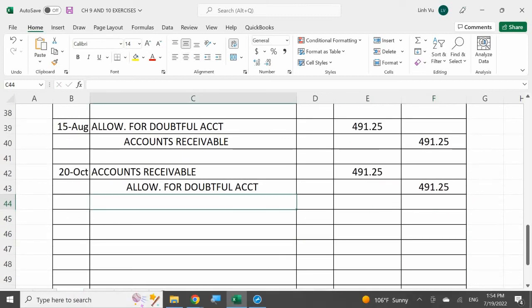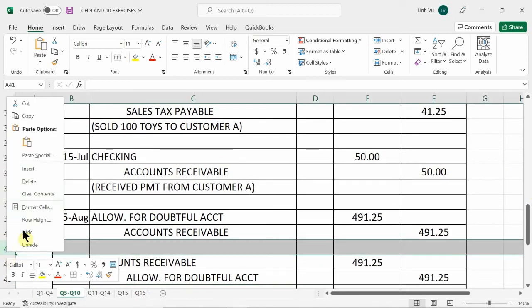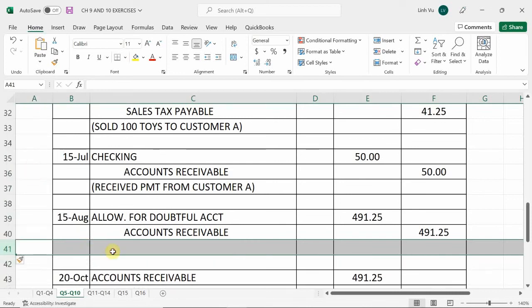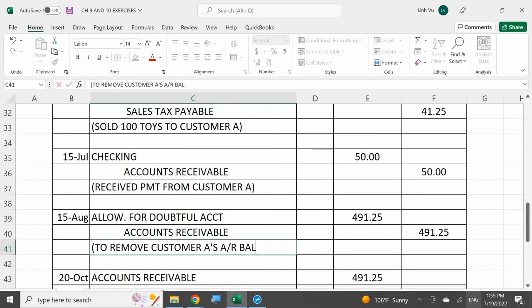Okay, so in this case, let me go ahead and, oh, I forgot to make a note here. Let me add a note here real quick for this one. Okay, I'm going to make sure I say that to remove customer A's account receivable balance.